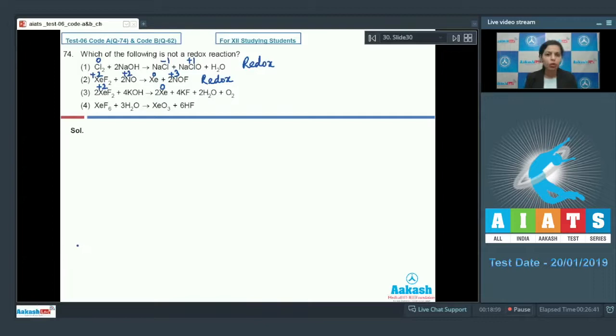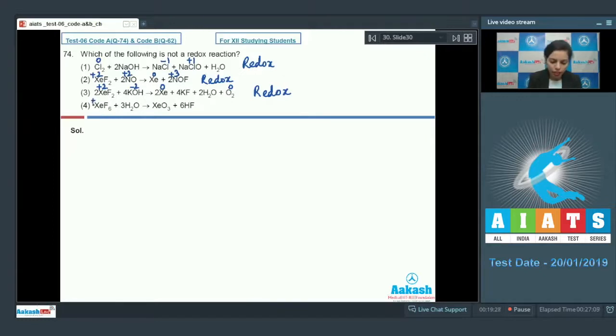Similarly, in KOH, oxygen is there in -2 oxidation state, and here it is getting changed into 0. So in this case also oxidation is taking place and this is a redox reaction once again. I'm just checking a few of the elements to identify whether redox is there or not. Now, the fourth option we have is XeF6.